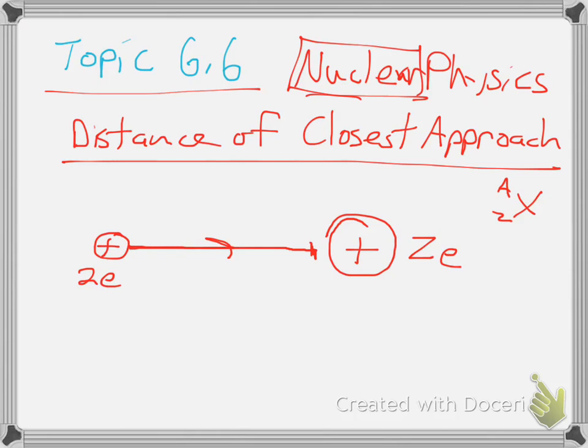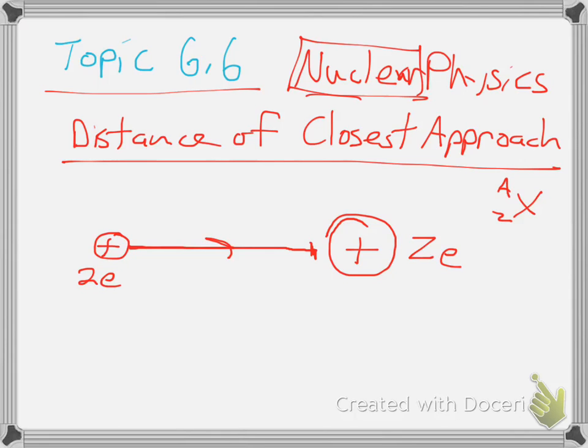I guess you could say as long as that distance is greater than 10 to the minus 15 meters, then that means the strong nuclear force is essentially not part of the forces acting on these two particles, and so the Coulomb force would be in play here, and that would cause this alpha particle to actually be deflected back by the positive charge of the nucleus. Remember, we're not considering the electrons surrounding it at all.